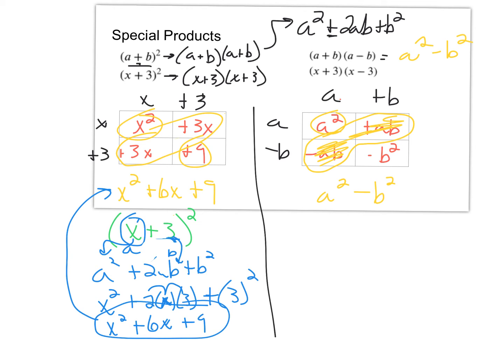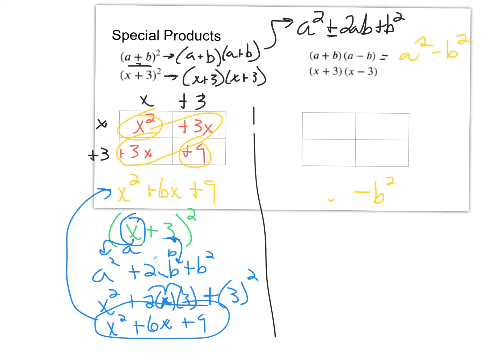Okay? So, and we'll go back to that just like we did on the other one. So let's take a look at our example. Okay, so let's do x plus 3, x minus 3. So when we multiply, x times x is x squared. x times 3 is 3x.